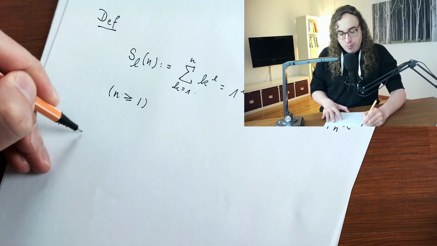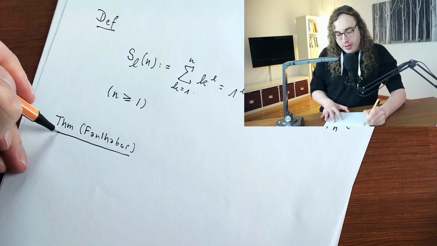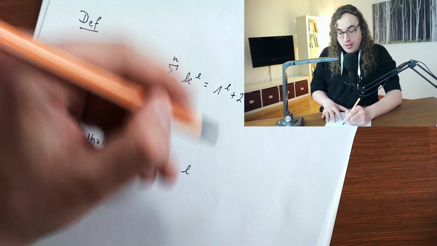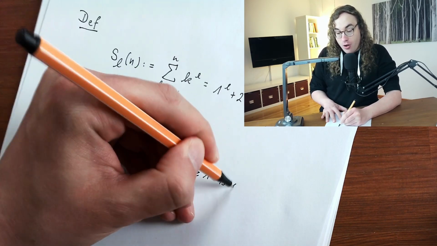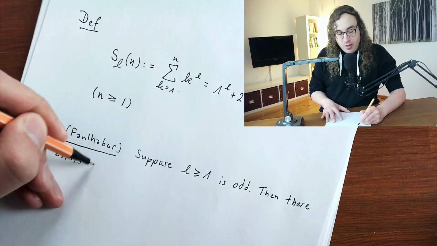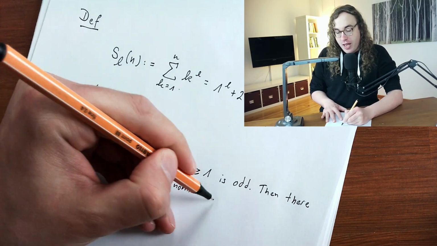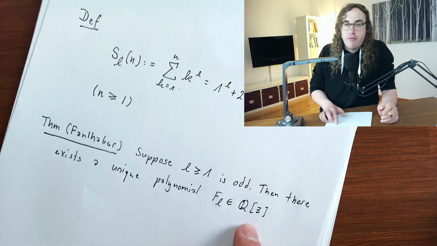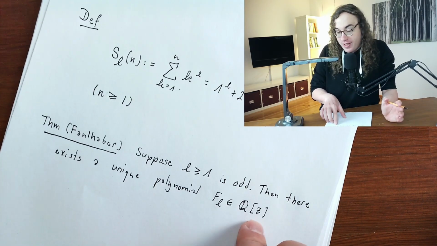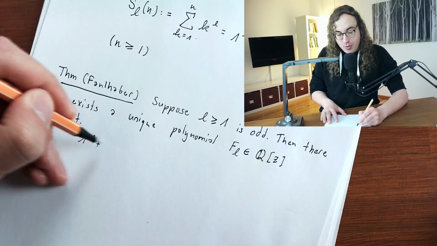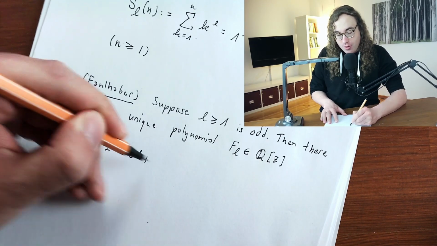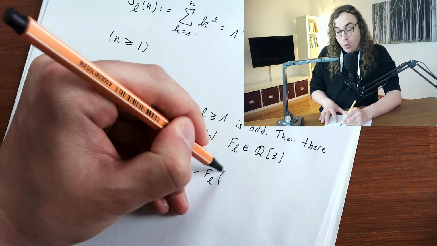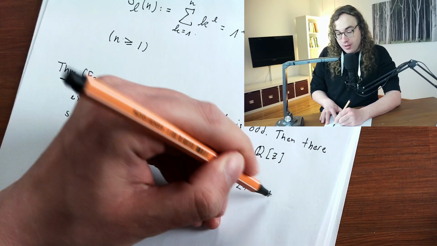And now the theorem by Faulhaber is the following. It says, suppose the exponent, which I called L here, is at least 1 and odd. Then there exists a unique polynomial, F_L, in the rational polynomial ring, for the name of the variable I'll be using z, such that 1 to the L plus 2 to the L plus 3 to the L and so on till n to the L is the same as F_L of (1 plus 2 and so on till n).